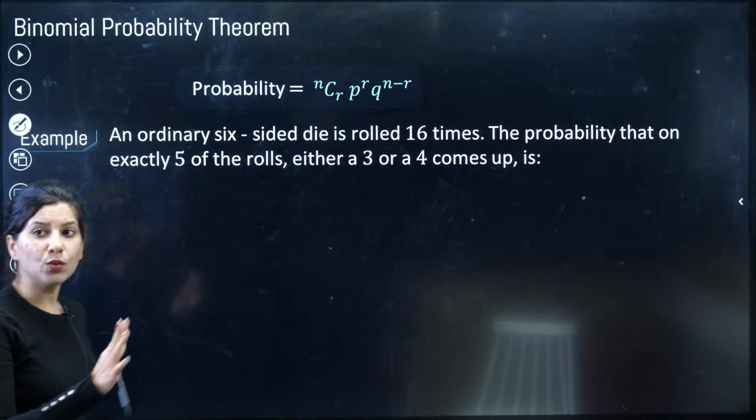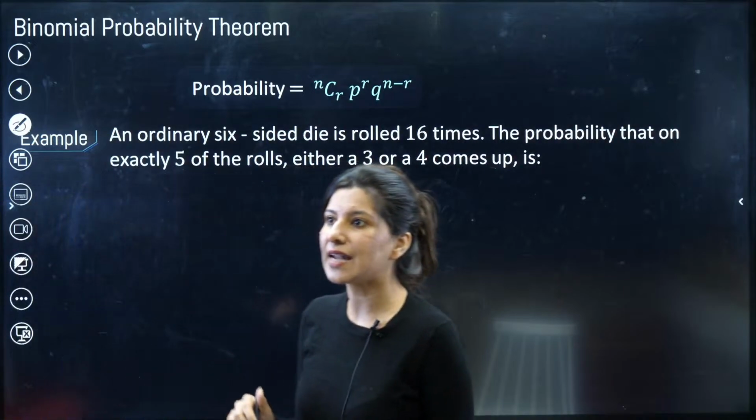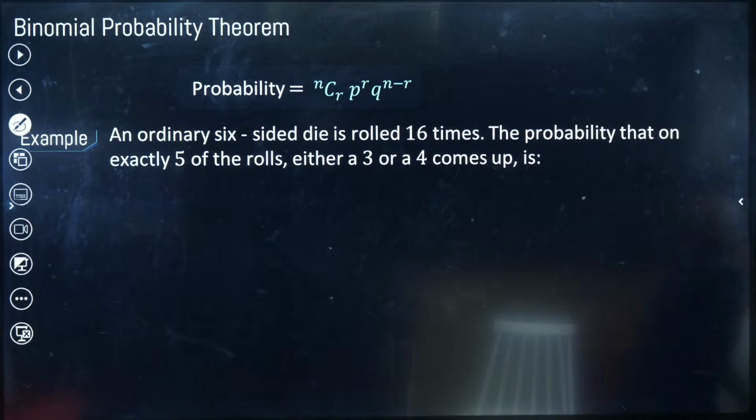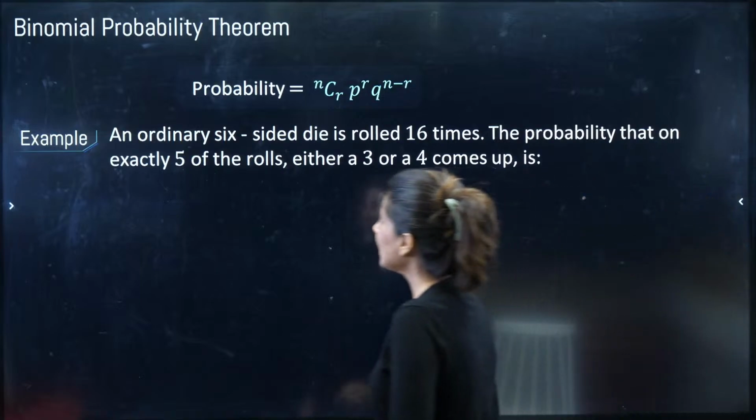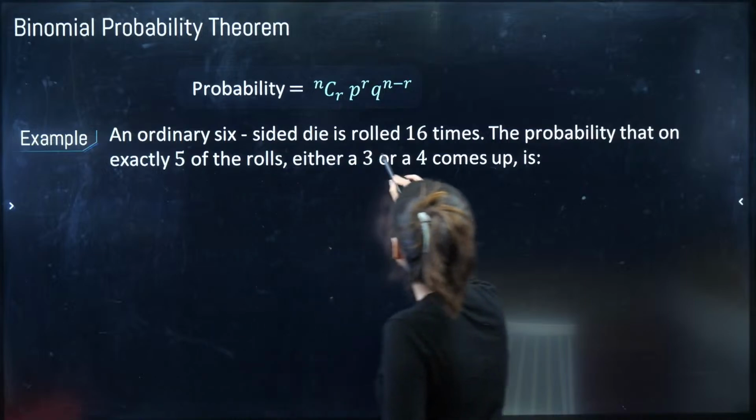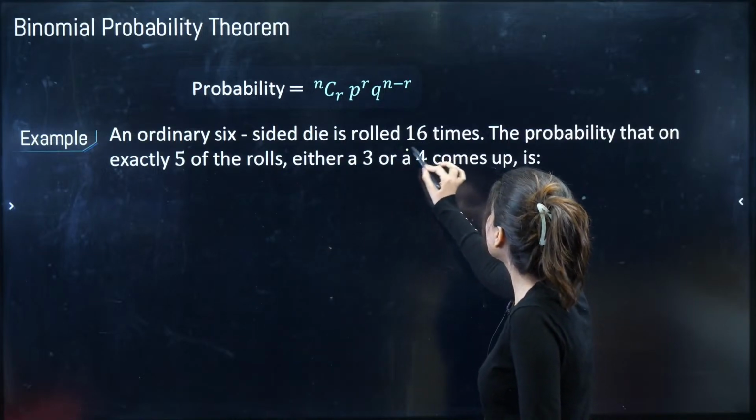Let us understand with the help of an example. An ordinary 6-sided die is rolled 16 times.